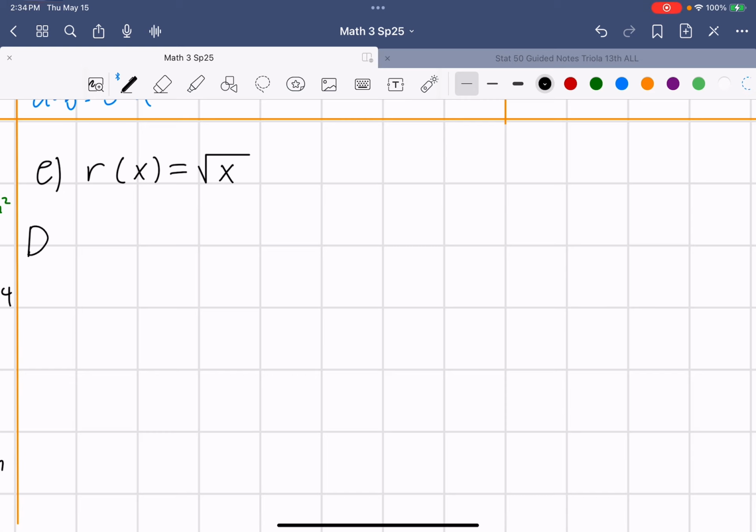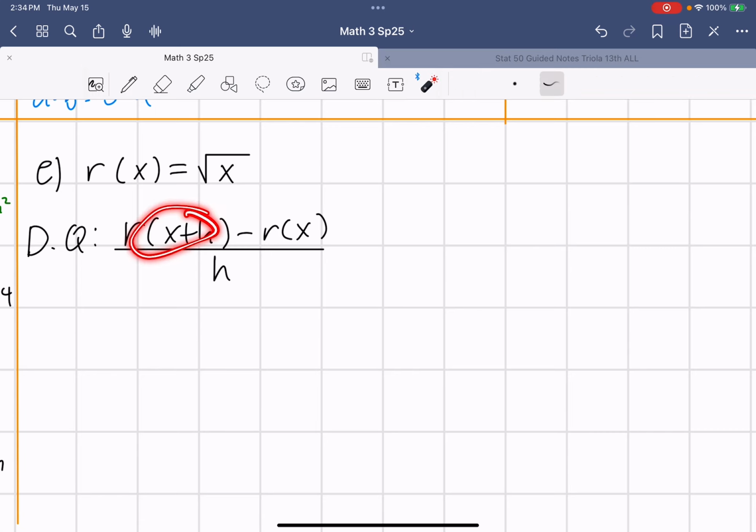So the difference quotient, I'm going to do it all in one, is r of x plus h minus r of x over h. Now, finding r of x plus h is pretty quick because you're just going to plug in x plus h into that radical.